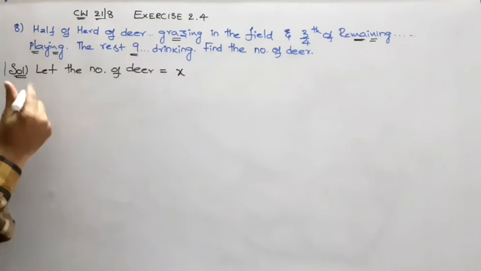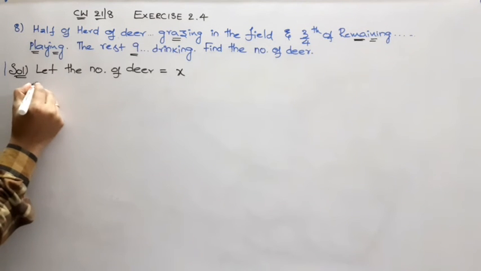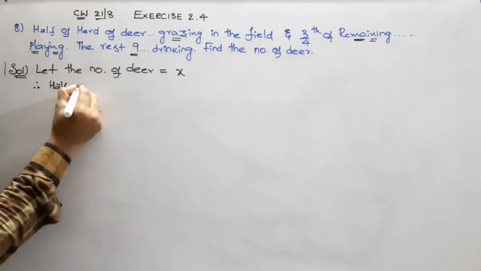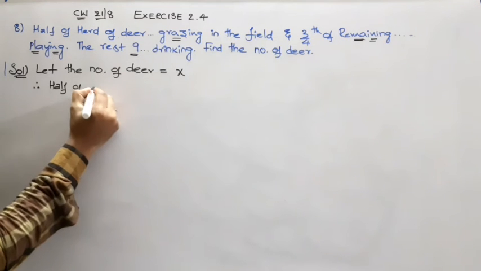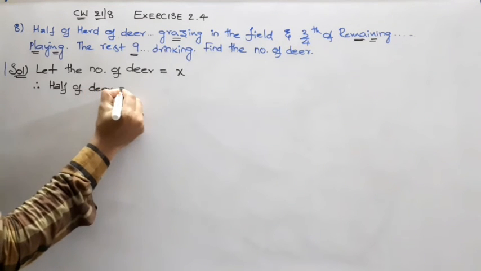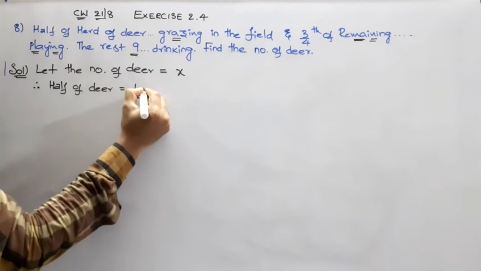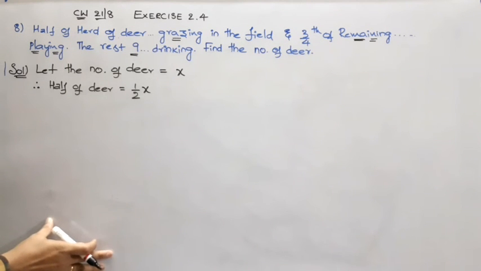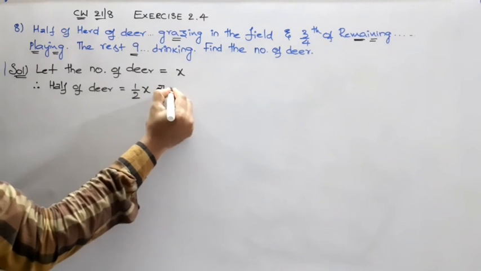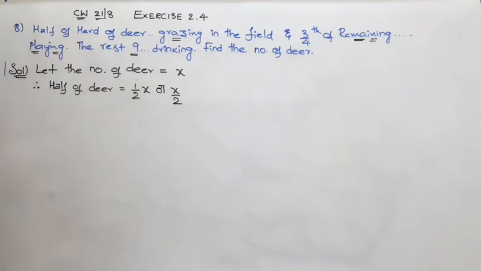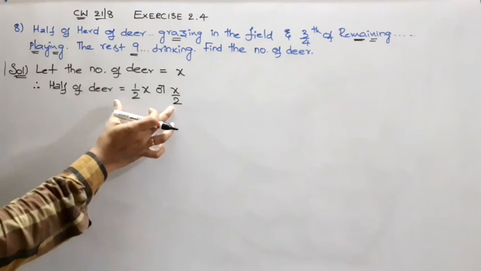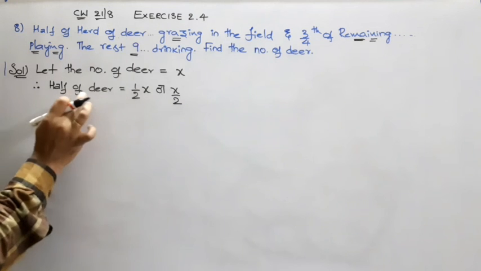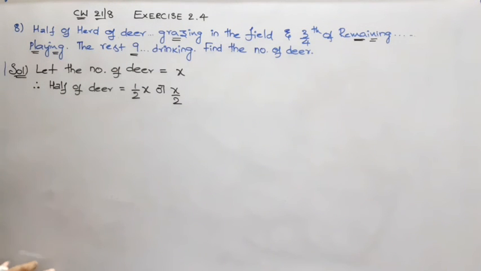Half of x, that is 1 by 2 x, or x by 2, both are the same. Now look, what is the number of deer we are left with? x by 2, because half of the deer are already grazing.